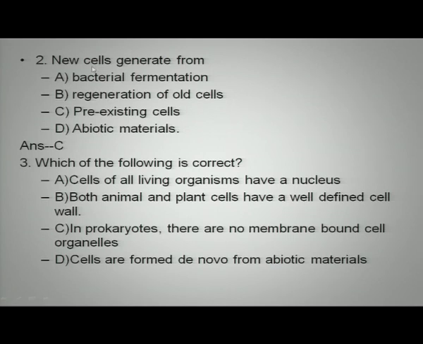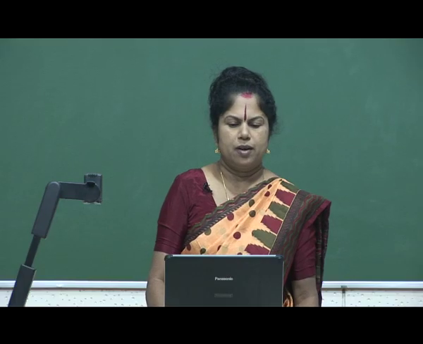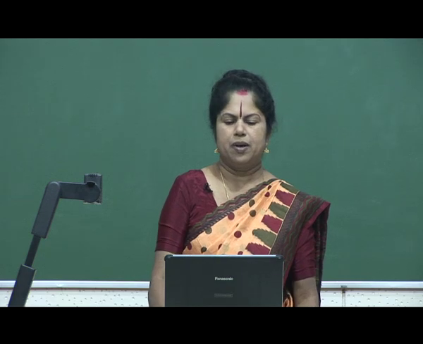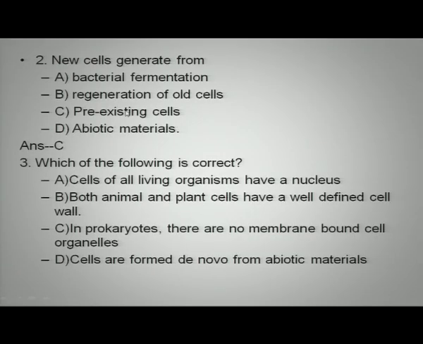New cells will always generate from a pre-existing cell. This was one of the concepts that you have learned in cell theory. A new cell originates from a pre-existing cell. So, option C is the correct answer. Good.